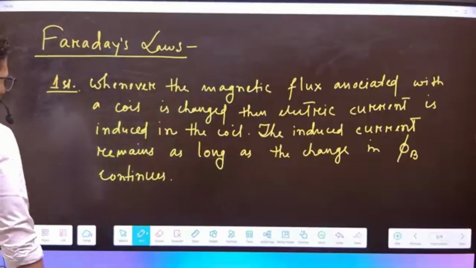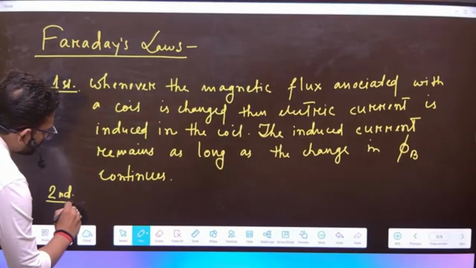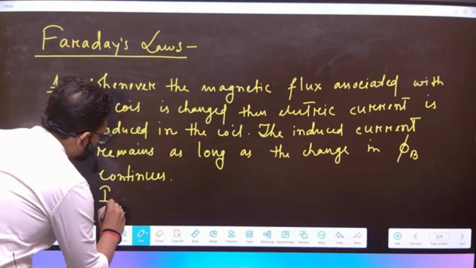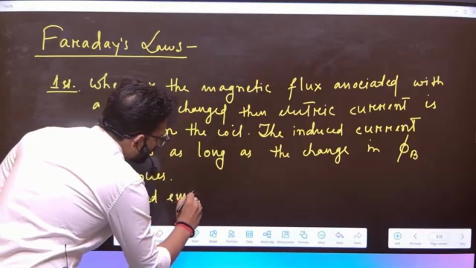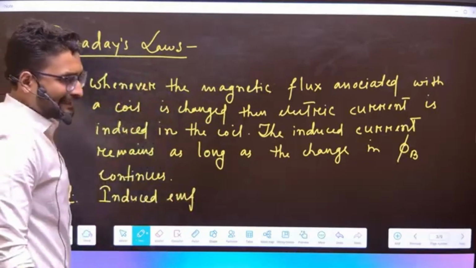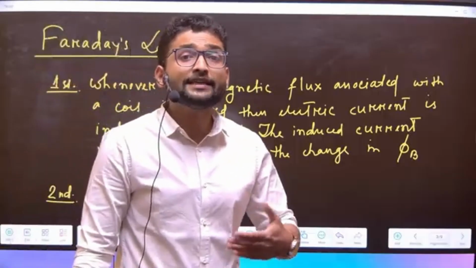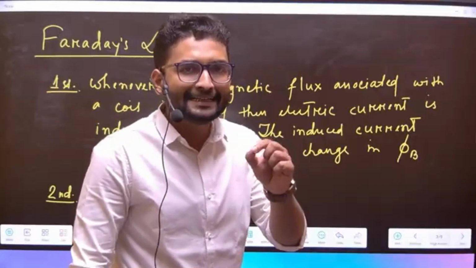What is the second law? The second law says that the induced EMF generated in a coil is directly proportional or equal to the rate of change of magnetic flux.